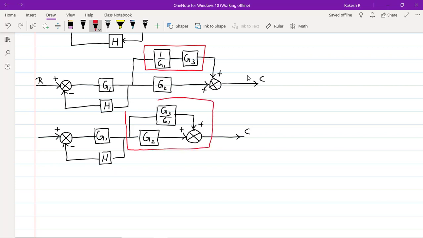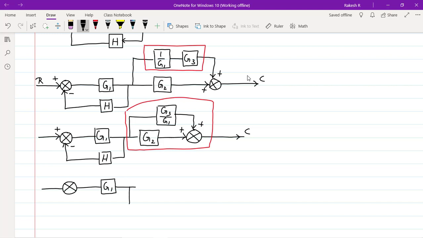Checking with this, we have the blocks in parallel here. Now these two blocks are in parallel here, so I'll do that one.